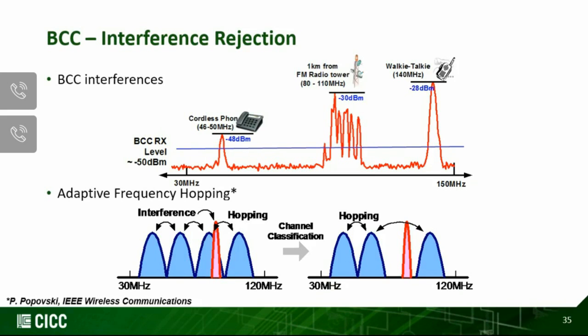To avoid or compensate for this, we can use frequency hopping. If you have a known a priori interference source, for example if you're near an FM radio station or a walkie-talkie, you can avoid hopping into that channel. This is a well-known technique called adaptive frequency hopping, and it can be utilized in BCC as well.